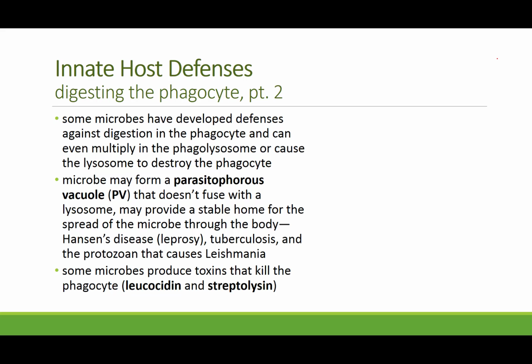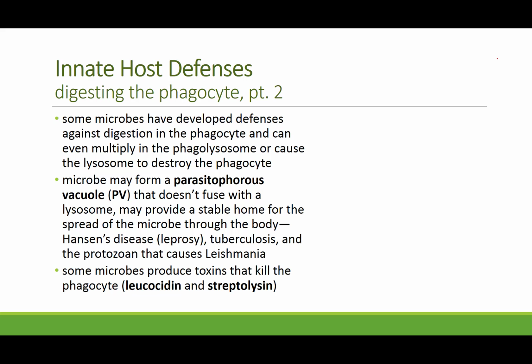This is how Hansen's disease, formerly called leprosy, and tuberculosis operate, and can be safely protected inside the body away from phagocytes because they are inside of cells. As well, the protozoan that causes leishmaniasis is able to form these parasitophorous vacuoles as well.